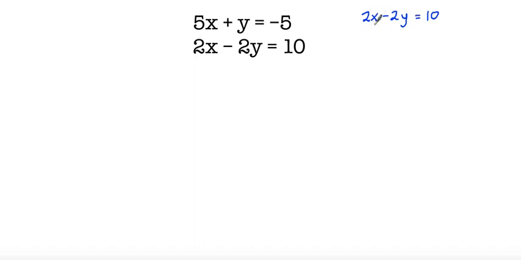So if I want to get x by itself, I have to get rid of the negative 2y on the left side. So I'll add 2y on both sides. This cancels out. I'm left with 2x is equal to 2y plus 10. And if I want to get the x by itself, I have to divide everything by 2.